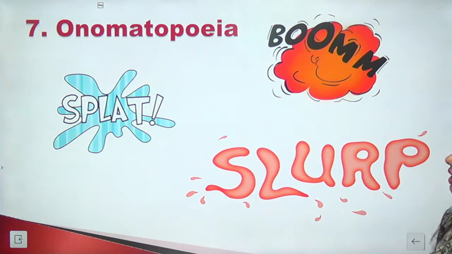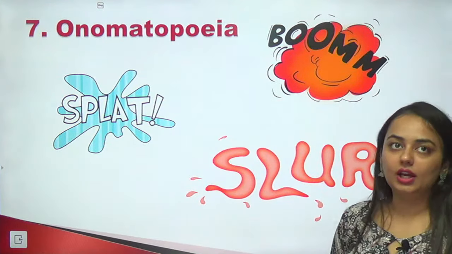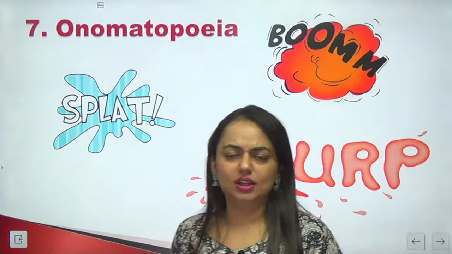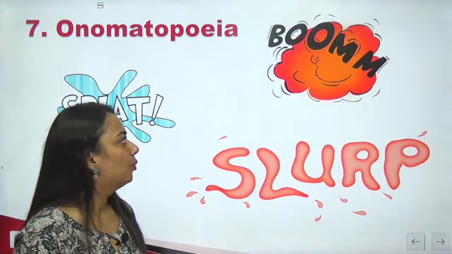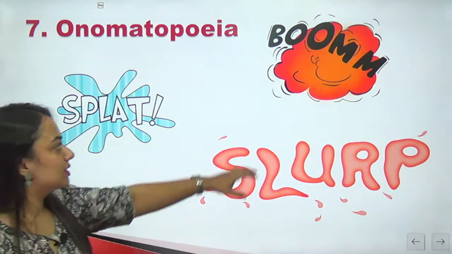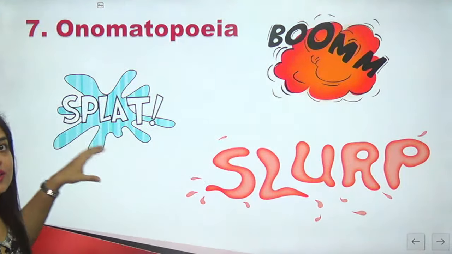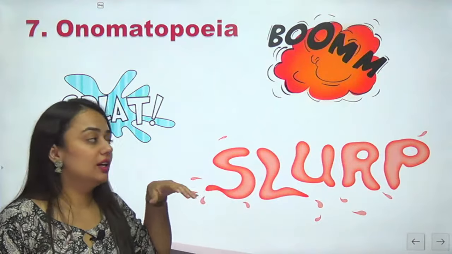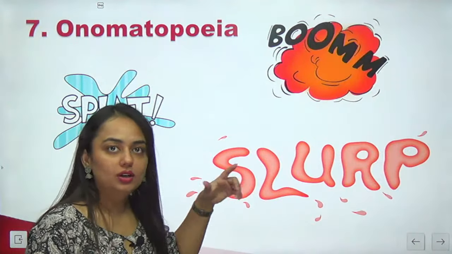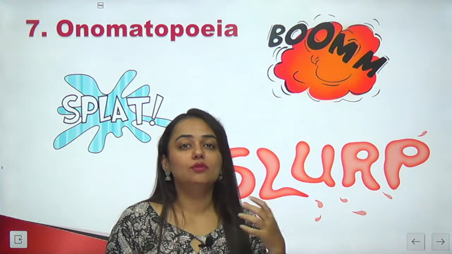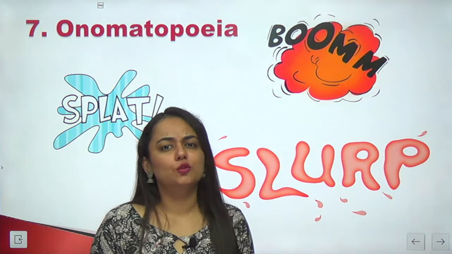Alright, so the last literary term for today is onomatopoeia. Looking at the screen, you must be wondering what kind of pictures are these. Okay, so look at this. Boom, splat, slurp. Isn't that true that whichever word out of these three we are reading, it's almost sounding the same and we are almost imagining it in front of our eyes?